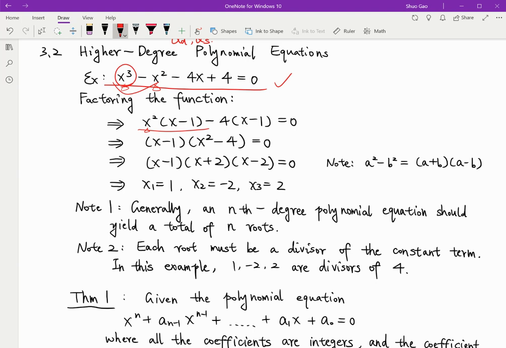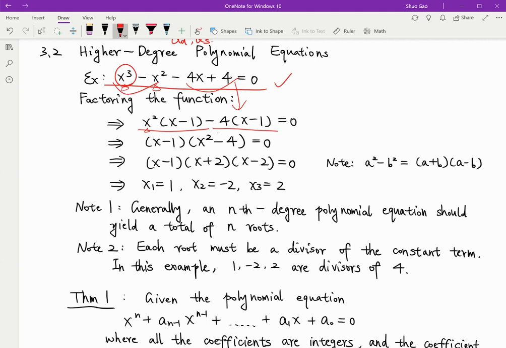So we pull out the common term and combine the rest. For the last two terms, we can do the same. The common term here is 4, right? Both of them can be divided by 4. So we pull out 4, and what's left is again x minus 1. So we combine the four terms into two terms here.